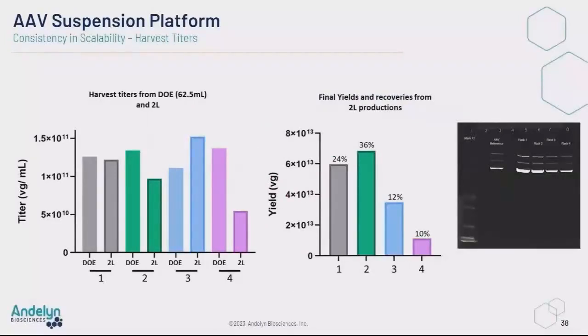We're looking at the DOE predicted titer versus the actual experimental titers that we derived at a 2-liter scale. So you can see candidate number 2 here didn't have the highest predicted DOE titer and didn't have the highest experimentally derived titer when we actually scaled it up and manufactured it.